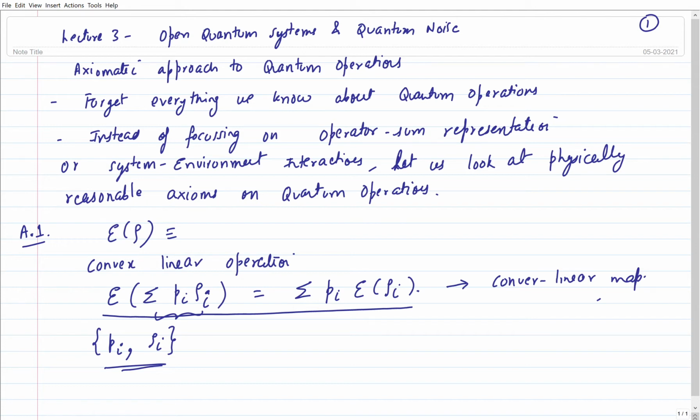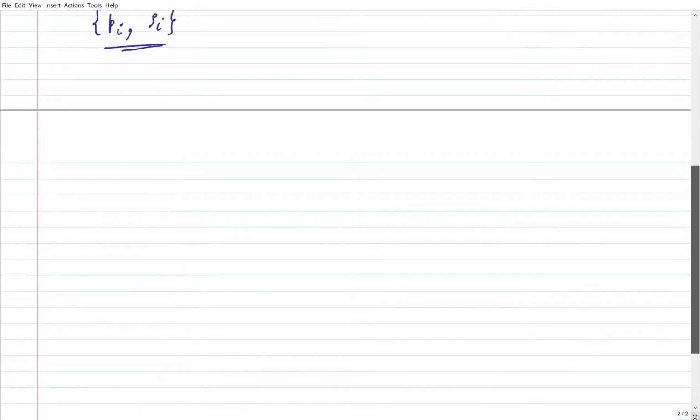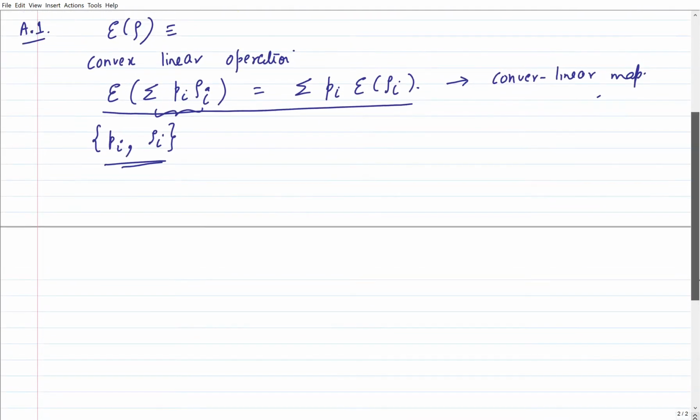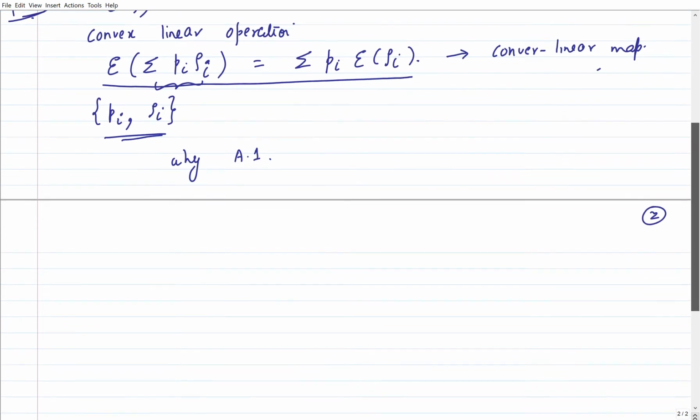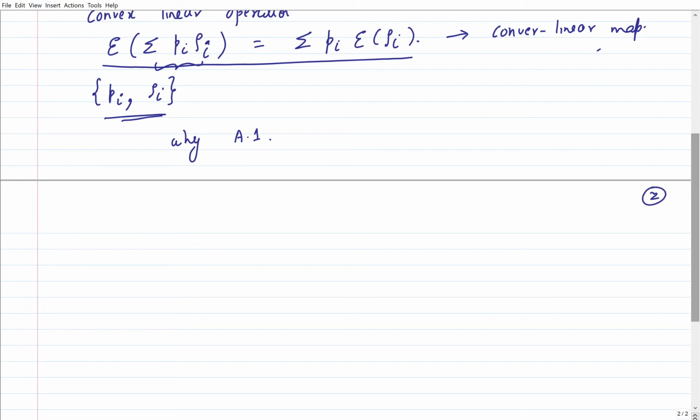So let's see why such a definition makes sense, or is desirable to have. So why axiom 1? Well, you can think about it yourself also. Pause a while and see why, if we have a quantum operation, we desire that to be a convex linear map.